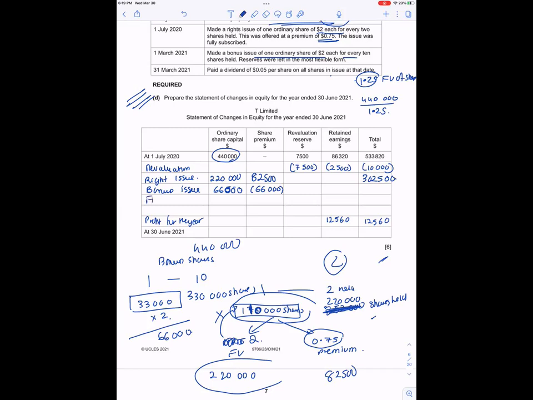Then you're paying a dividend of 0.05 per share on all shares that are held. So how many shares are held up till now? Originally 220,000 shares were there. 110,000 was rights issue. 33,000 was bonus issue.